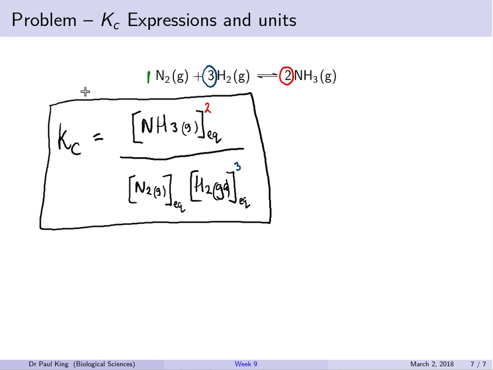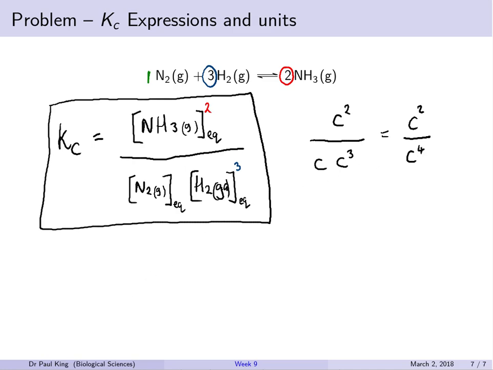We need to determine what the units are going to be, and we'll proceed in exactly the same way as we've done before. Notice on the top here we have a concentration squared. On the bottom we have a concentration times a concentration cubed, which gives us a concentration squared divided by concentration to the power 4.